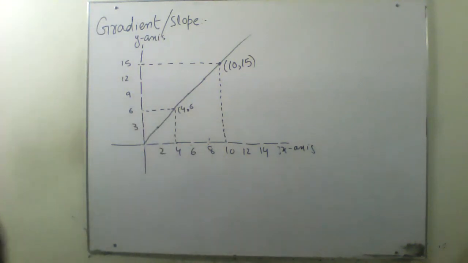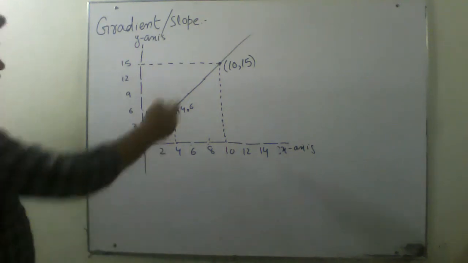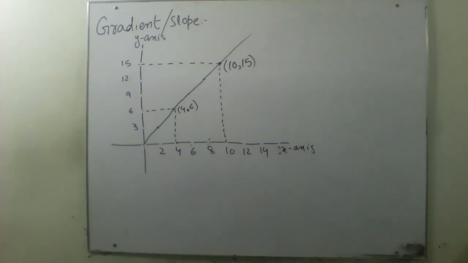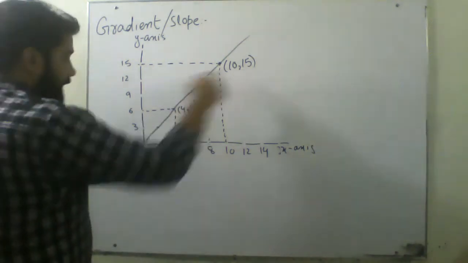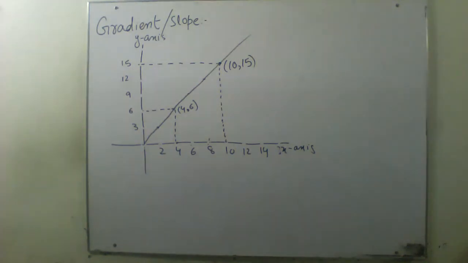Right? Now, when I simplify, again I'm trying to find the gradient over here. First of all, I see how much difference there is between y values.